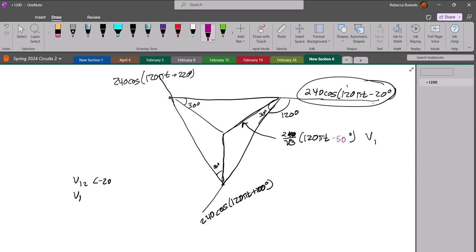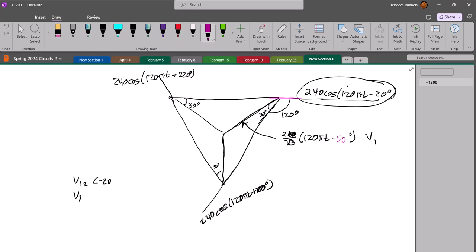And let's see if that makes sense with my drawing. Yeah, it does.